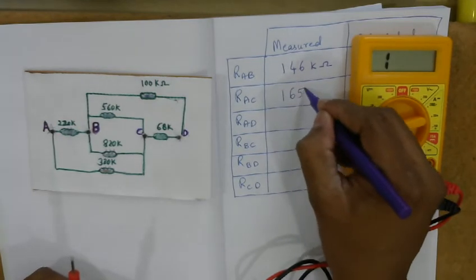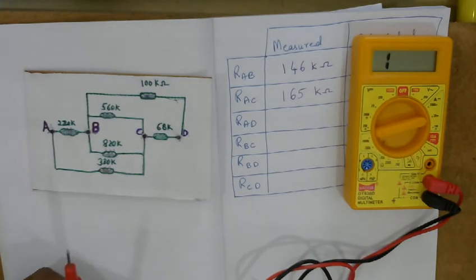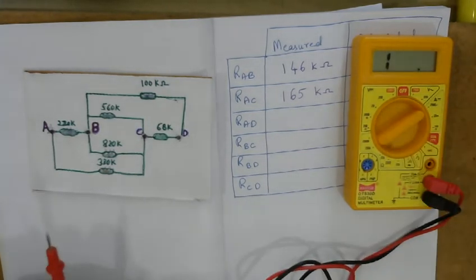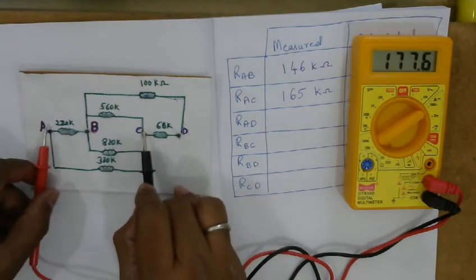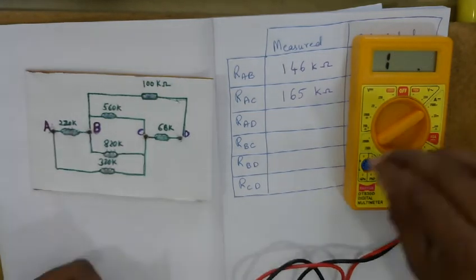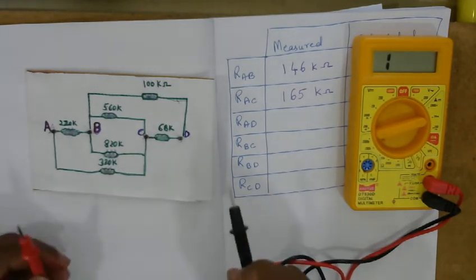Just a small point, you can also get a more accurate value by setting the 200 kilo range, and if you measure again, it is now showing 164.9 something, 164.89 like that. If I keep it in the 2000 kilo range, it is just rounding off. I just want to round off to the nearest value, so that's why I'm doing it like that.